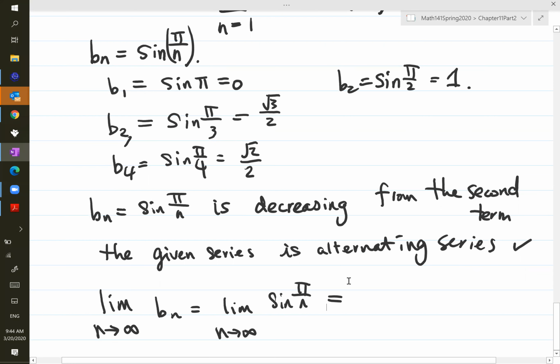As n approaches infinity, pi over n approaches 0. So this is sine 0, which is 0. So we know the limit is 0.